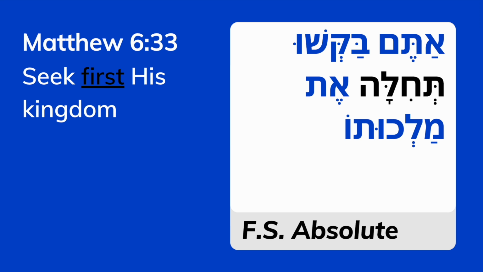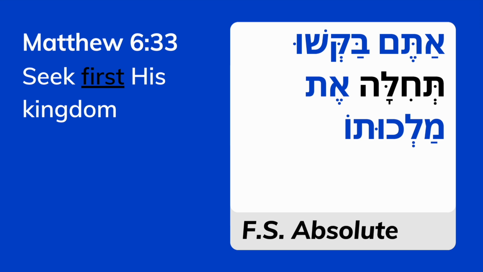In Matthew 6:33, we have the form tchila. Atem bakshu tchila et malchuto. Atem means you all, but it's followed by the imperative, so it's kind of hard to translate the atem here. That doesn't translate well in English. So we're just going to translate atem bakshu as seek. It's a plural imperative.